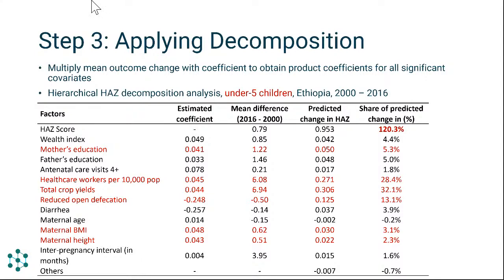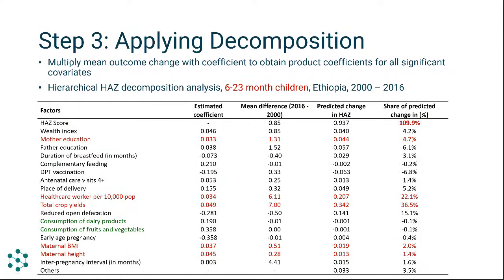Absolutely. And maybe just flipping to the slide right after this too, as we're thinking about interpretation of some of these effects. I think one of the challenges here around dietary consumption, when we're looking at these metrics in particular, is that even though there is a strong estimated coefficient, to your point, when there's minimal mean difference, when we're not seeing improvements on that dimension, it can show up as relatively low portions of predicted change.